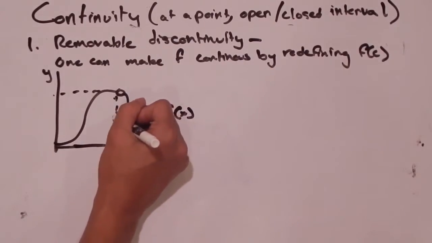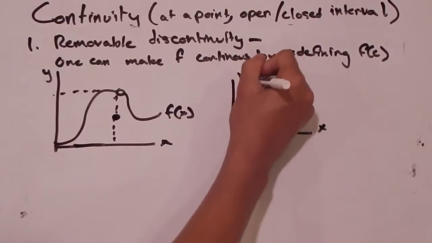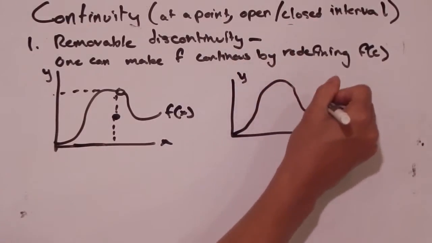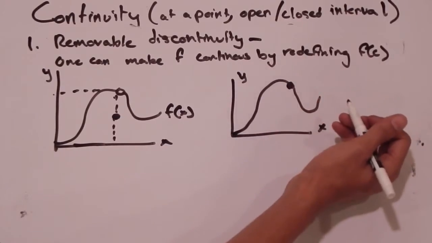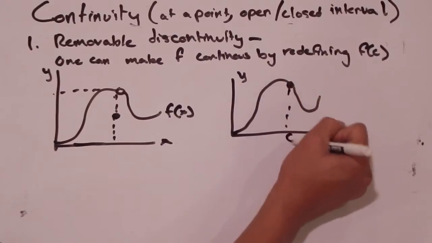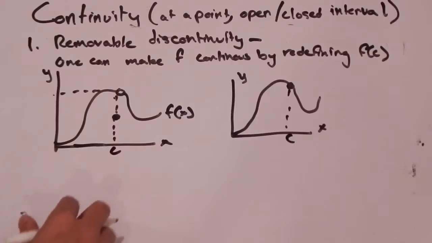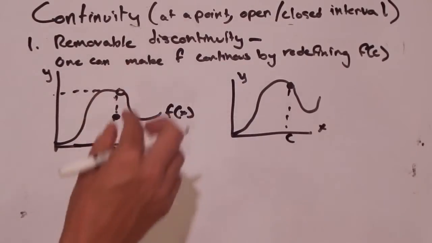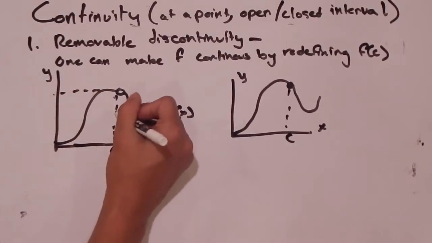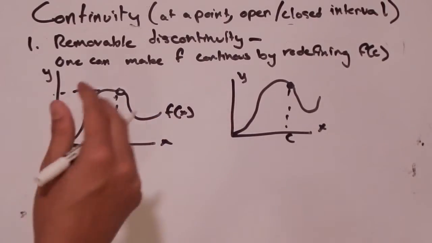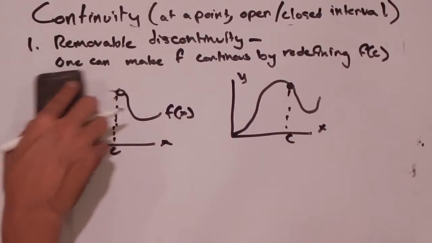If we were to redefine our value at f of c such that the function looks something like this, so that f of c is now equal to this and we don't have that hole, suddenly that function becomes continuous at c. So that's something we would call a removable discontinuity. And it's because it's as if we removed that point from the graph and put it somewhere else, or as if maybe we just completely removed it and it doesn't exist for whatever reason. So that is what is known as a removable discontinuity.